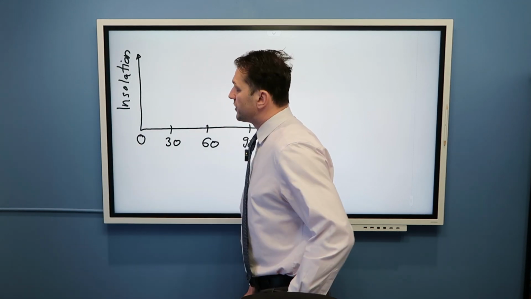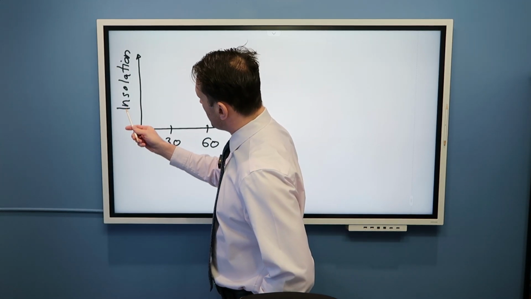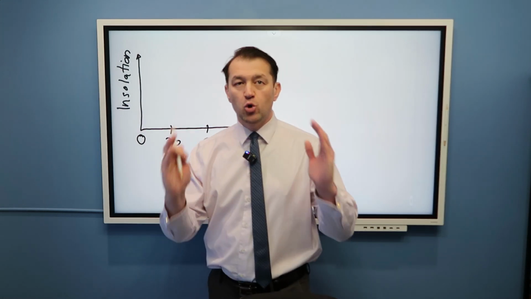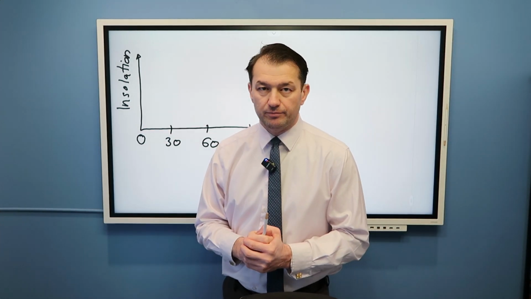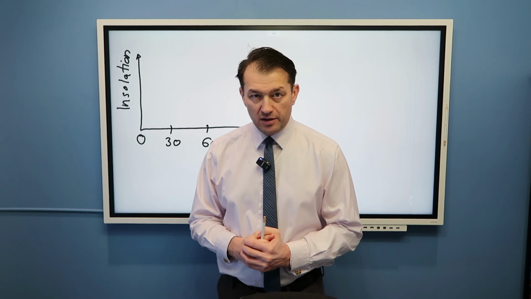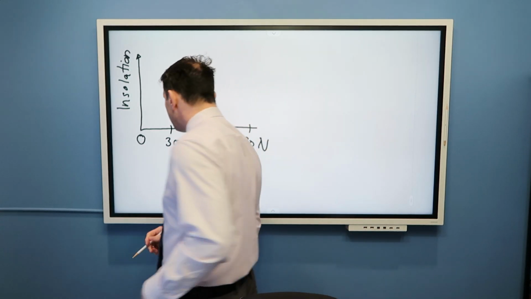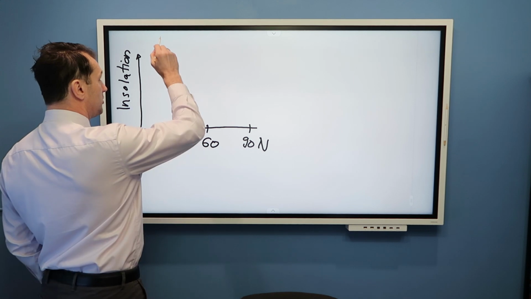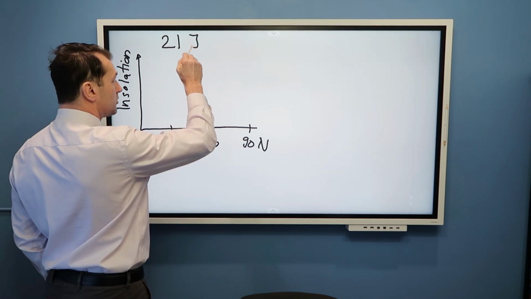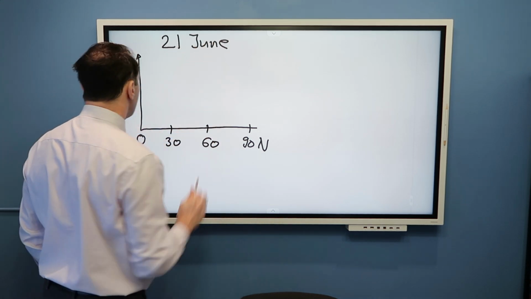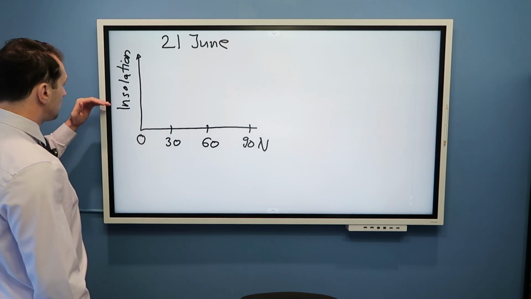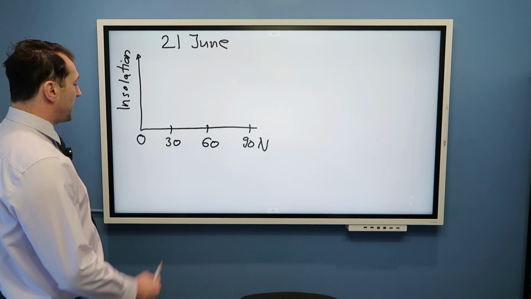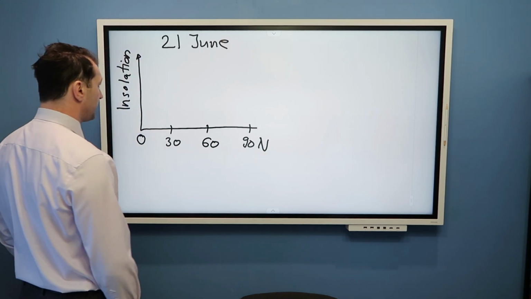What is insolation? It is incoming solar radiation accumulated over some period. And here the period will be 24 hours. And I will plot this figure for the first day of summer, or summer solstice, 21st June. So incoming total solar radiation on the 21st June as a function of latitude.